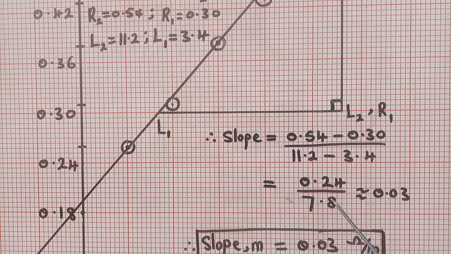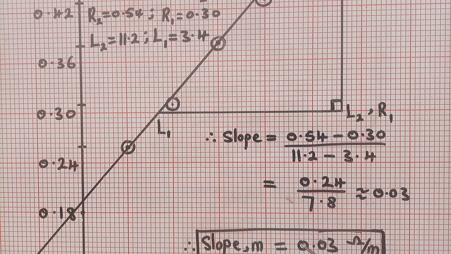We go further. When 0.24 is divided by 7.8, we have approximately 0.03. Therefore, slope, that is m, is equal to 0.03 ohm per meter. That's wonderful.